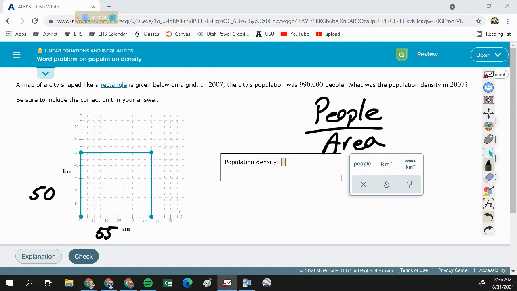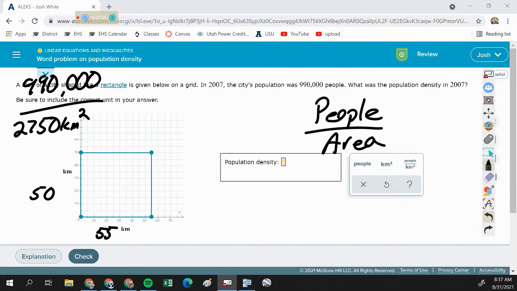So what should I do? So 50 times 55 is that many kilometers squared. And I divide the number of people by that number.